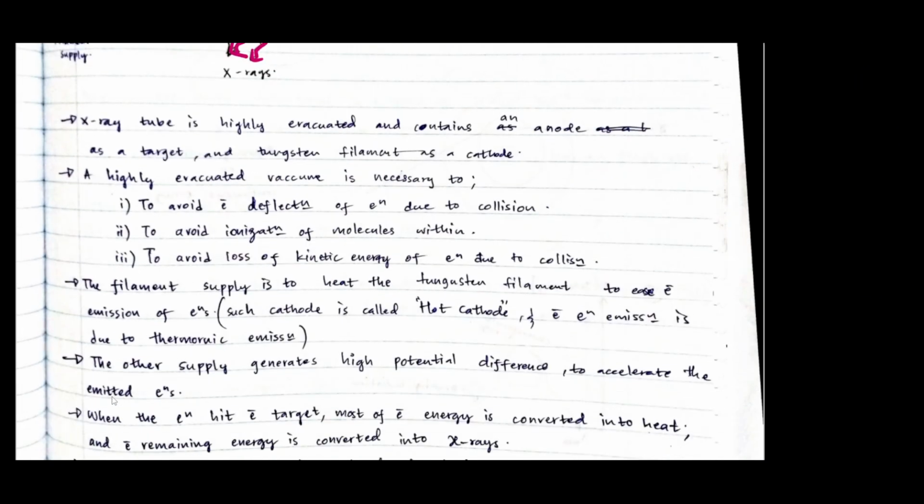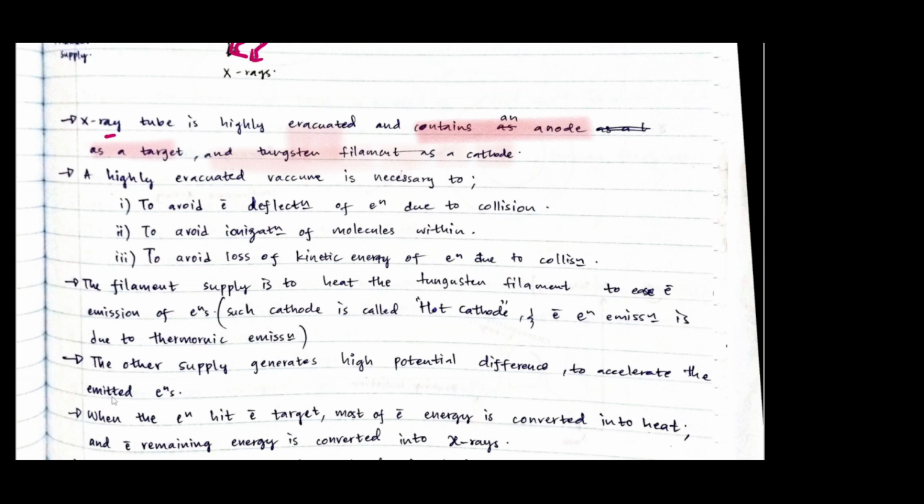Let's go through these few points. The X-ray tube is highly evacuated and contains an anode as a target and a tungsten filament as a cathode. Now, why do we need to highly evacuate this tube?